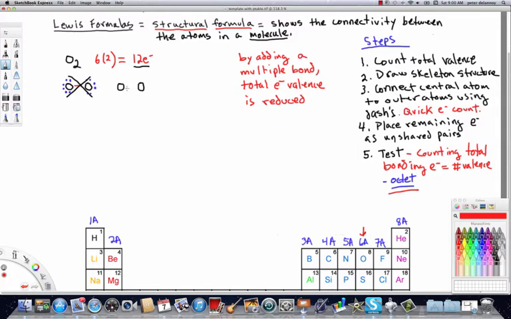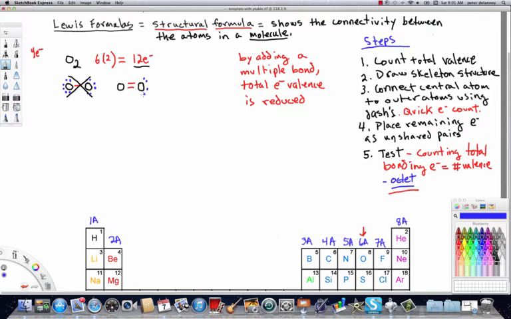We go in here to step number 3, and we put a bond in, and now we add a second bond. Our quick count is a total of 4 electrons. I'll put that over here out of the way. 4 electrons, and that leaves us 8 to go. Now I put in my unshared pairs following the same rules.